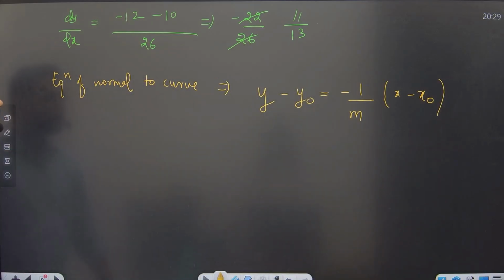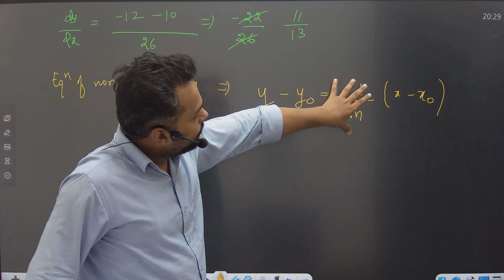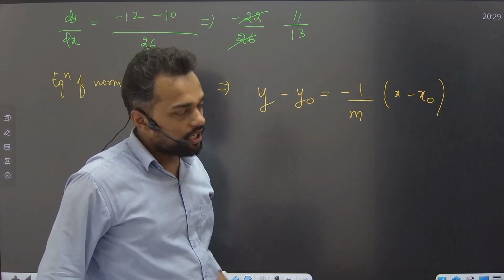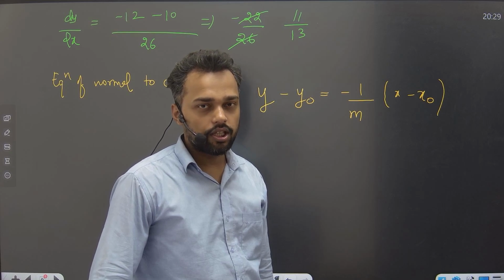Why have I written negative of 1 by m here? Because the slopes of normal and tangent are perpendicular in nature.